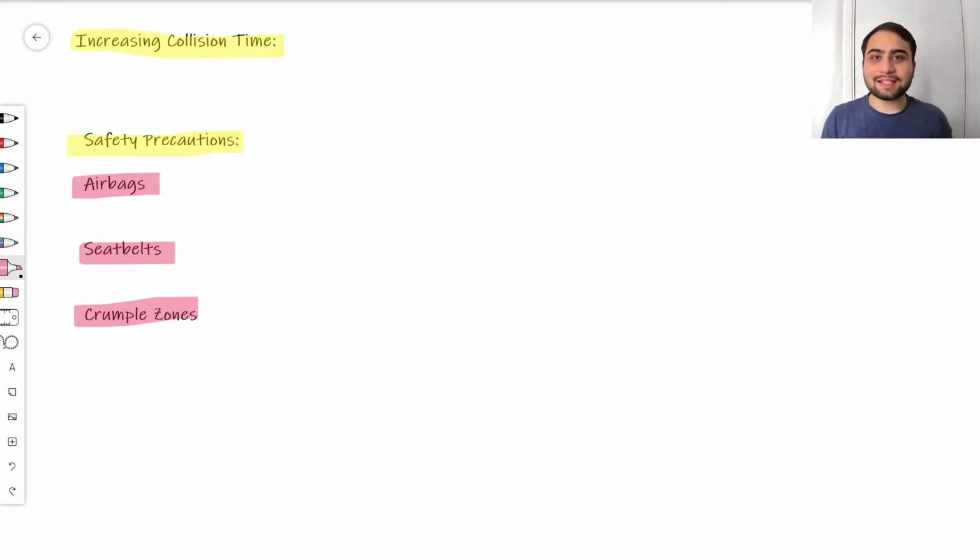Okay, so now let's have a look at some safety features present in cars to increase your collision time. Because remember, we're looking at impulse here, which is force is equal to a change in momentum over time, delta t. Remember, we want to increase delta t as much as we can to decrease the force exerted on us, the human, whenever we're in a collision.